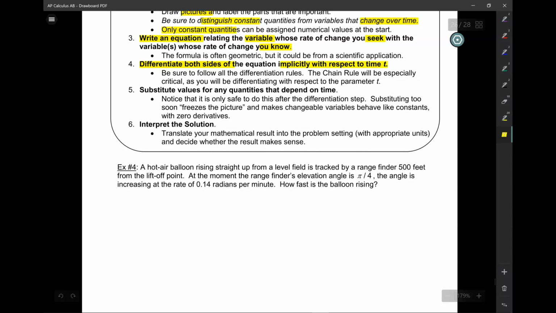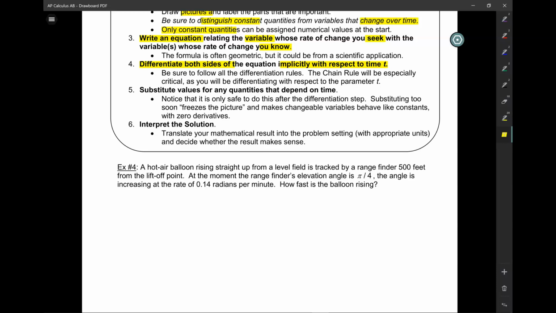All right? Okay. You're going to fall into the chain rule in here, right? Because you're going to be differentiating some other quantity, radius, height, whatever, area, with respect to time. And if you're differentiating with respect to a different variable, that's chain rule.